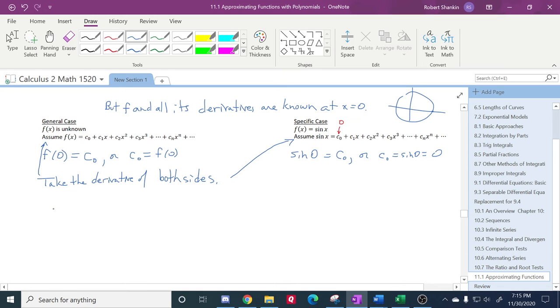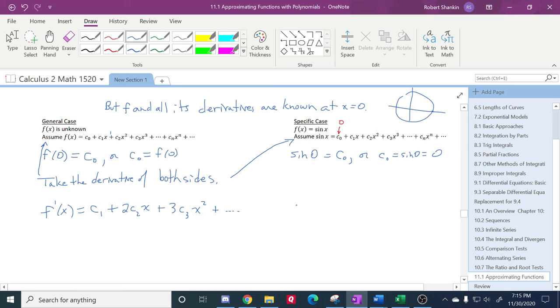F prime of x. Now the derivative of any constant is 0. The derivative of c1x is you just take this 1 times the c1, x to the 0. And the next one is 2 times c2, x to the first, dial it down, plus 3c3x squared, plus dot dot dot dot.